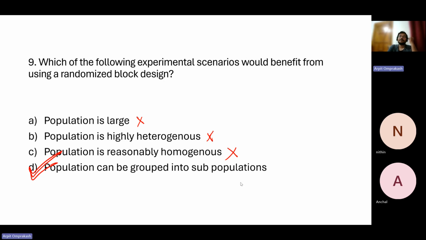So for example, let's say you are developing drugs, then it's better to test it on different subpopulations of people, people from different places, so that you know that the drug works in all of these subpopulations, because there might be some genetic differences which might be leading to differences in metabolism and things like that, right?